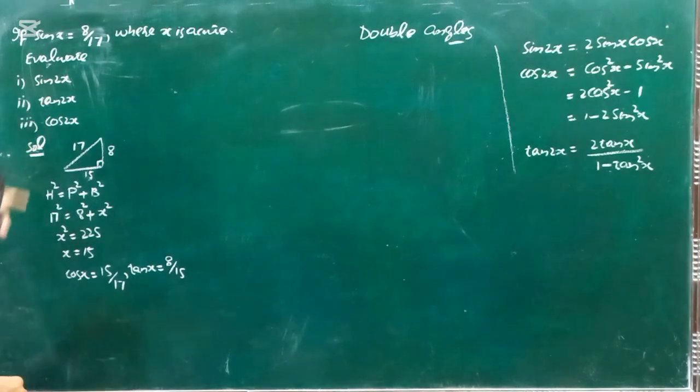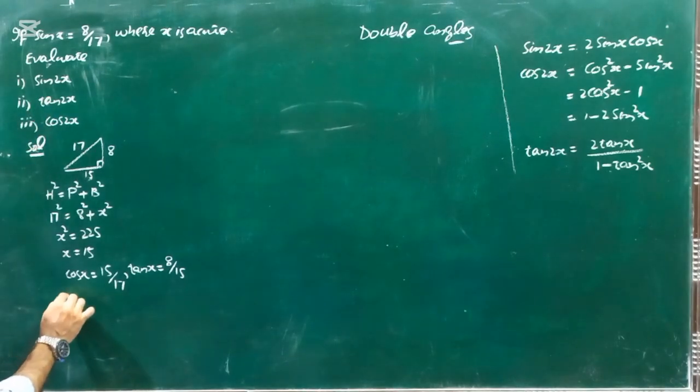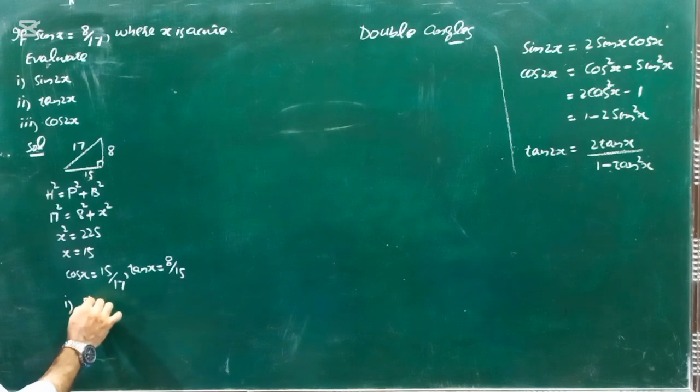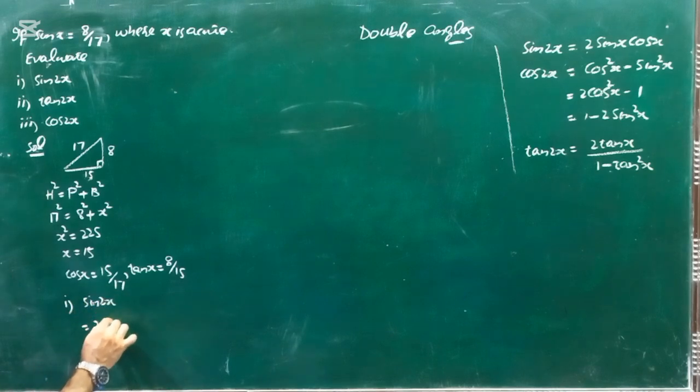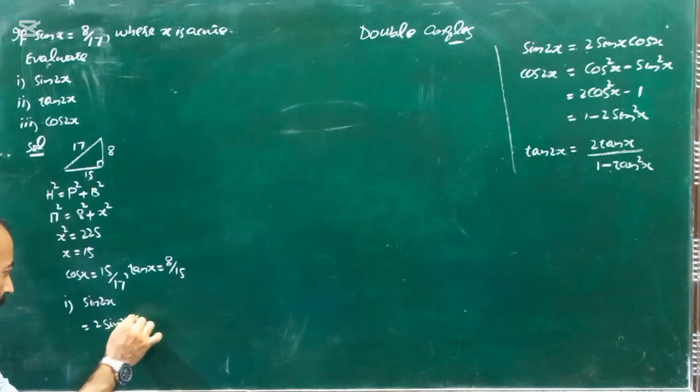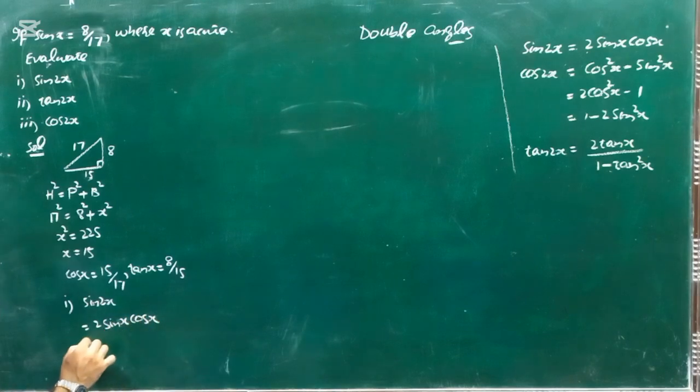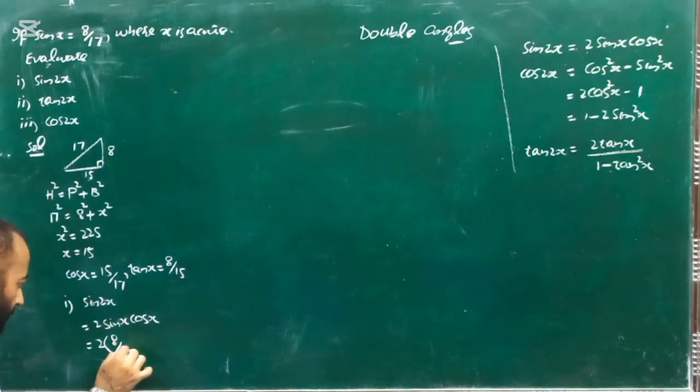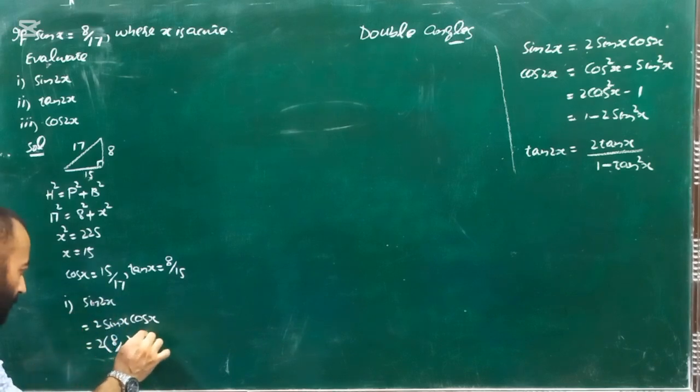So first part is sine 2x. Sine 2x is the requirement, that is equal to 2 sine x cos x. Applying values here, sine x is 8 by 17 and cos x is 15 by 17.